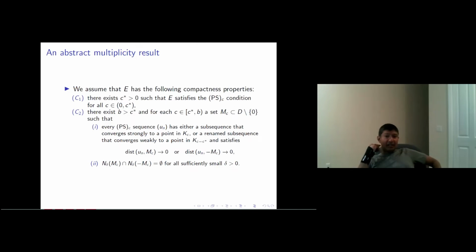And here's what we are going to assume for compactness. We are not going to directly assume that E satisfies the PS condition for all c, but we'll assume these two compactness type conditions. The first one says that there is a certain threshold level c star below which the functional has compactness.